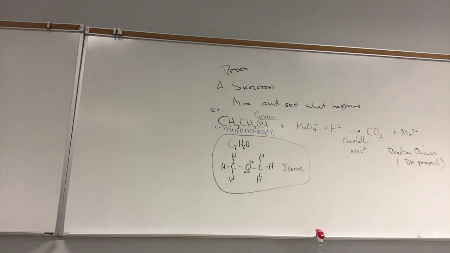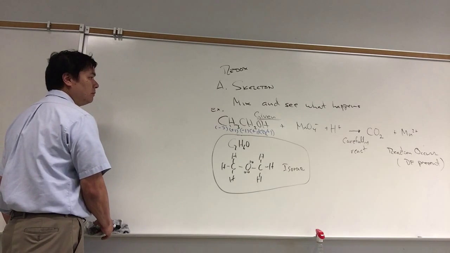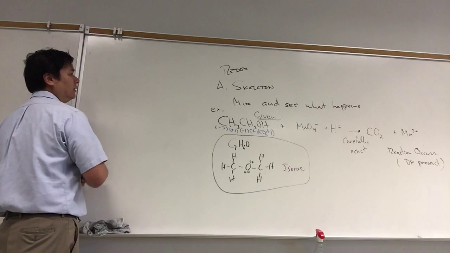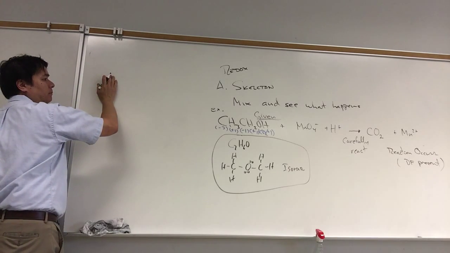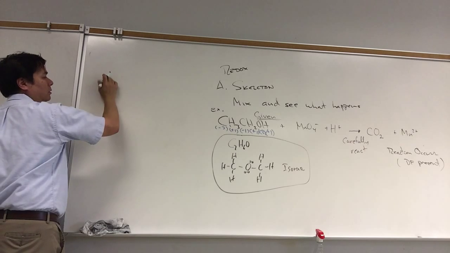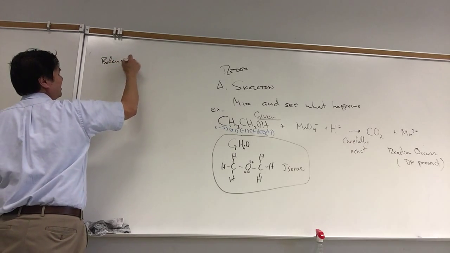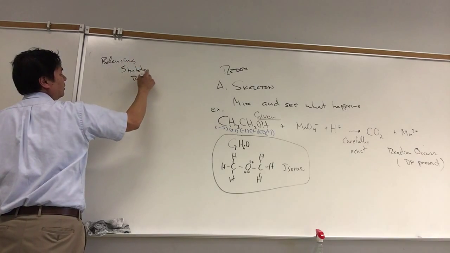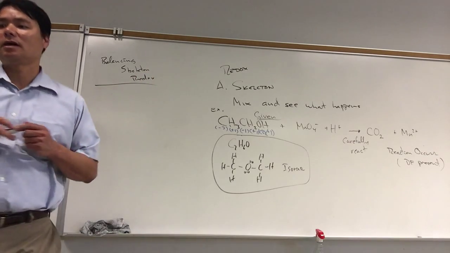We talked about driving forces earlier: we're going from less stable to more stable stuff. And so, what do we have to do? Well, given that, then we must balance it, right? So let's talk about balancing skeleton redox reactions.